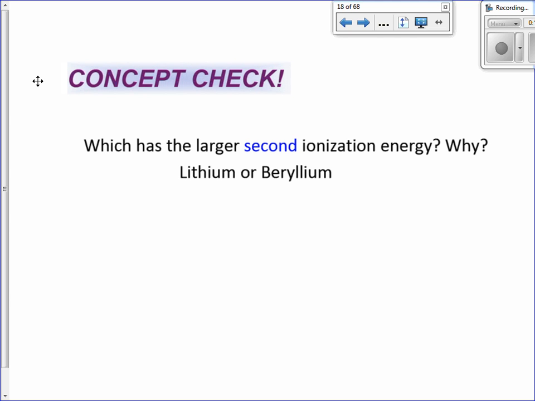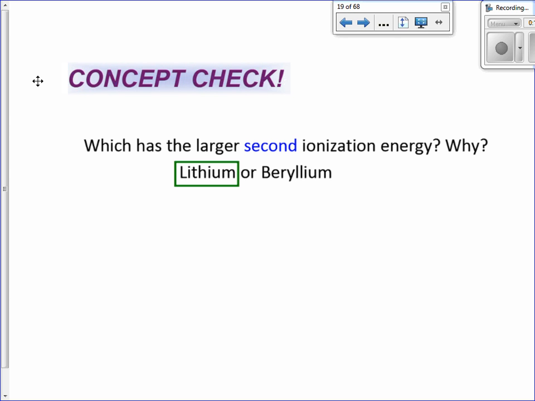Which one is it easier to remove an electron from? Lithium. So lithium has the larger second ionization energy. Correct. Lithium has the higher second ionization energy because lithium has one valence electron, right? So if you pull off a second one, where are you pulling from? A core electron.